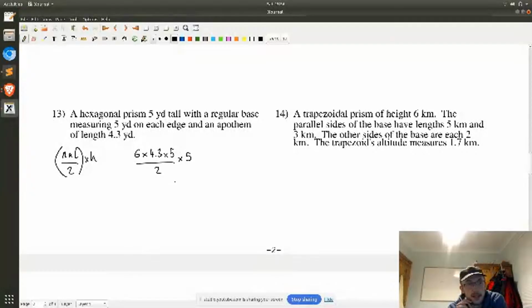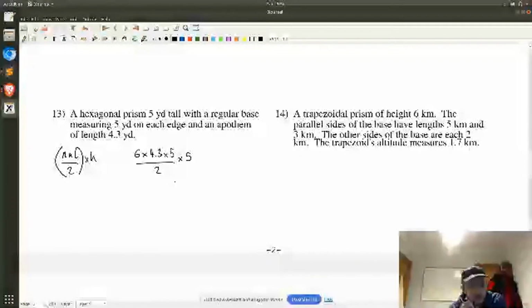So in reality, it's 25 times 3, so 75 times 43, and then divided all by 10.